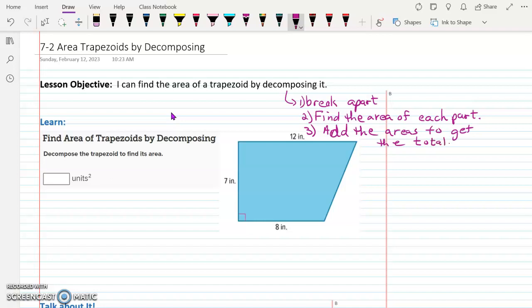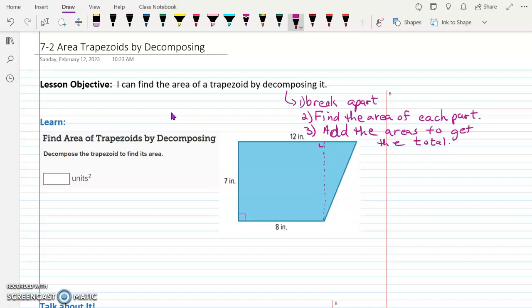Okay, so let's jump right into our first example, and I think it'll become pretty obvious what we're going to do here. When I take this trapezoid, I see that I can make a rectangle and a triangle if I draw a perpendicular line from this corner to this corner.